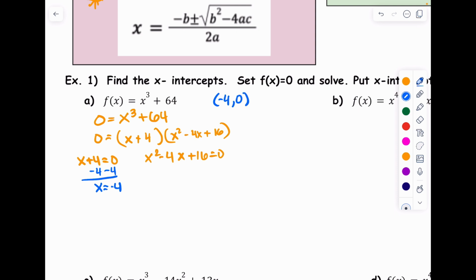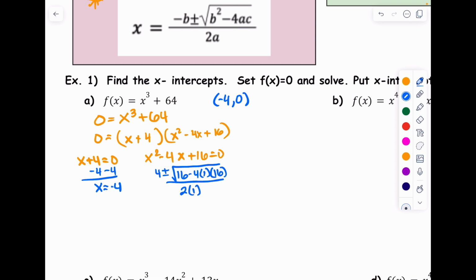Okay. The next one, if you are factoring cubes, that second factor is not going to be able to be factored further down. We would have to use the quadratic formula, which is the opposite of b plus or minus the square root of b squared minus 4ac, over 2a.